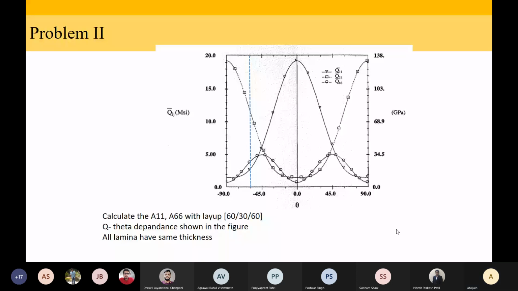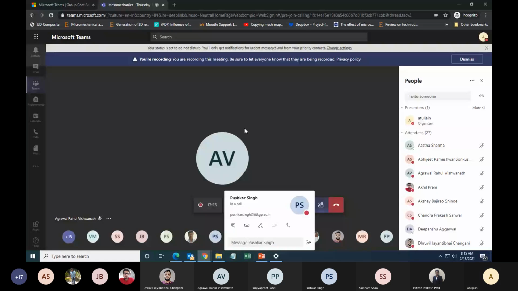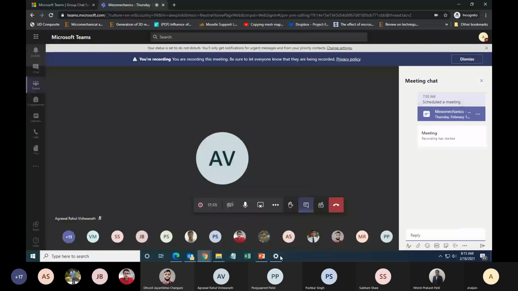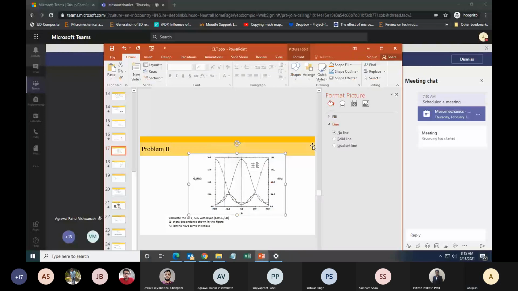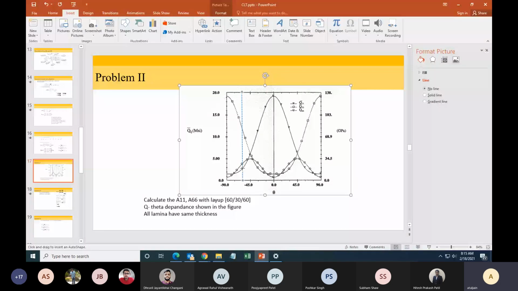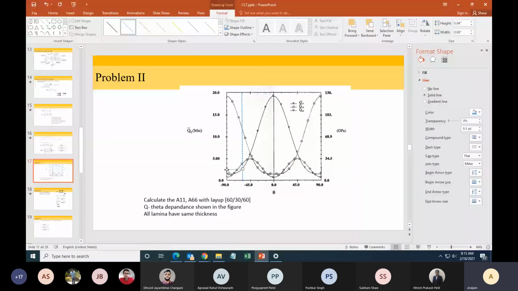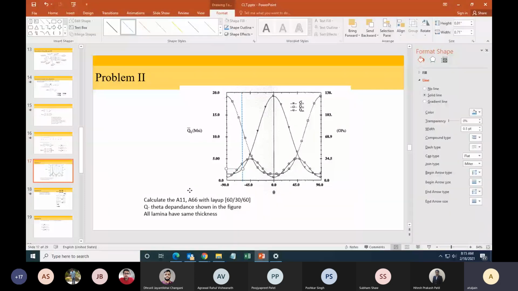Anybody got the answer? Q11 for 30 degrees we can take to be, let's say, 2.7 or 2.8.